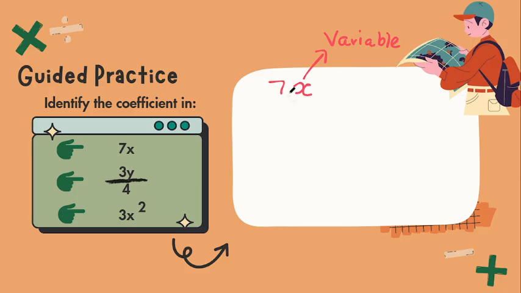The number in front of a variable is going to be what? The coefficient. If so, then what will be the coefficient of this 7x? That's going to be 7.